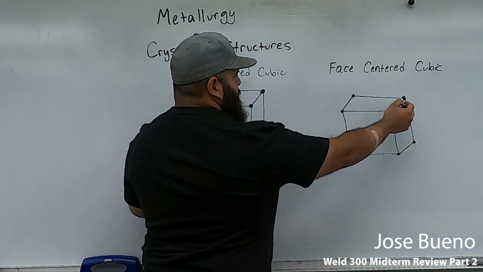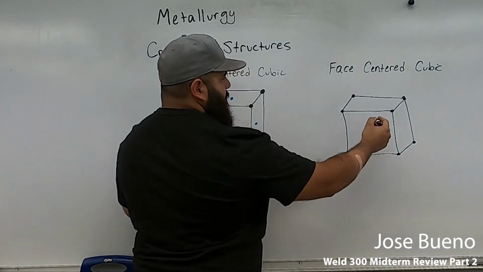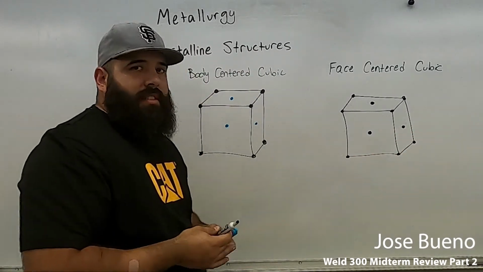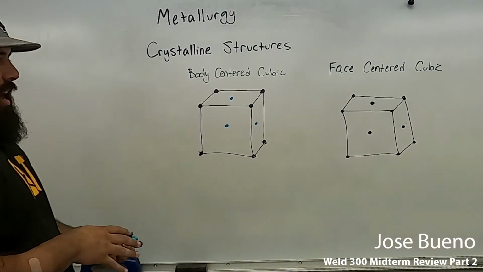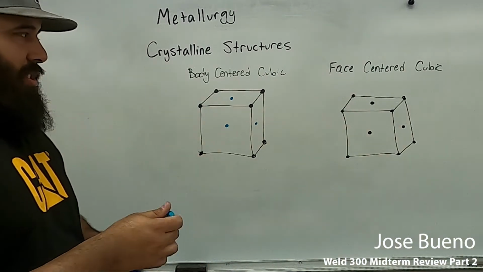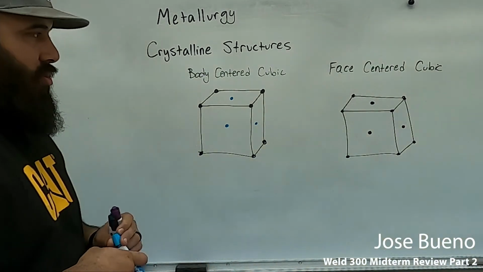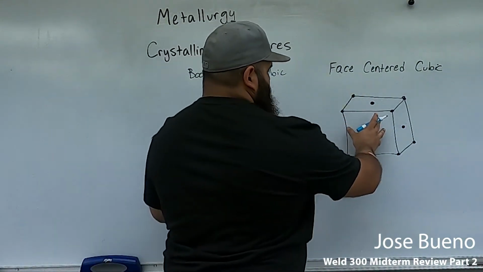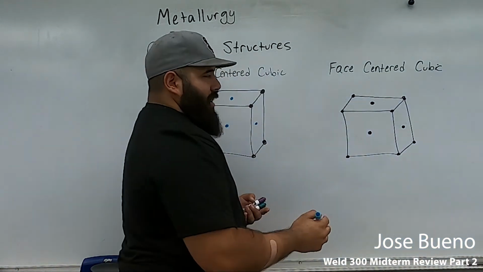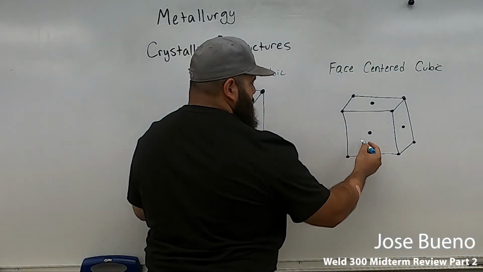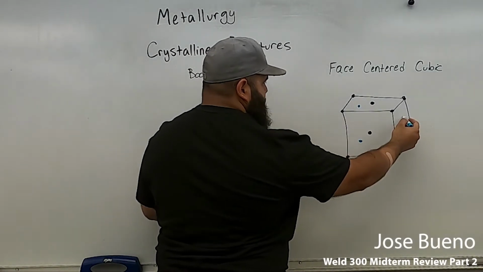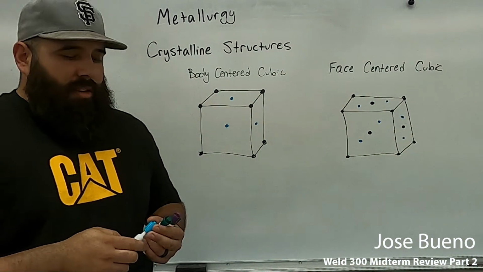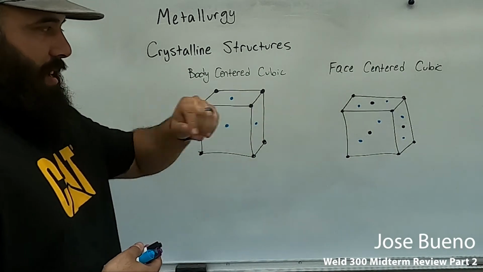So in addition to the iron around the body, there's going to be an additional iron atom on each face. So this iron is essentially expanding, stretching out, and sorry, these drawings aren't exactly to scale, but when steel expands, it allows for more carbon to enter these spaces between the iron atoms. So we have more carbon entering the mix.